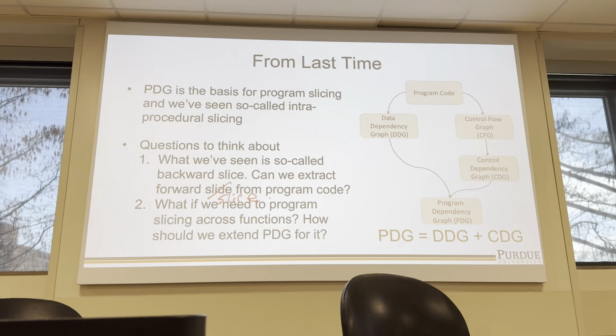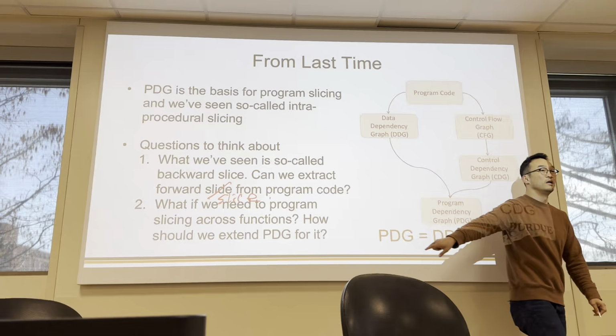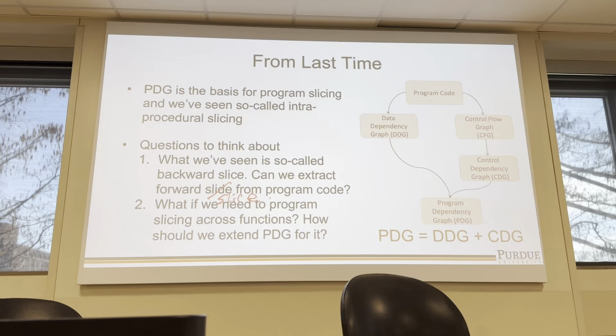That means your slicing analysis must be extended to interprocedural analysis levels. If we need to do it, can we just use the program dependence graph as is? Or do we need to somehow expand this structure that captures the control and data dependence information so that it can take care of dependences across the functions? Those are something we need to think about.